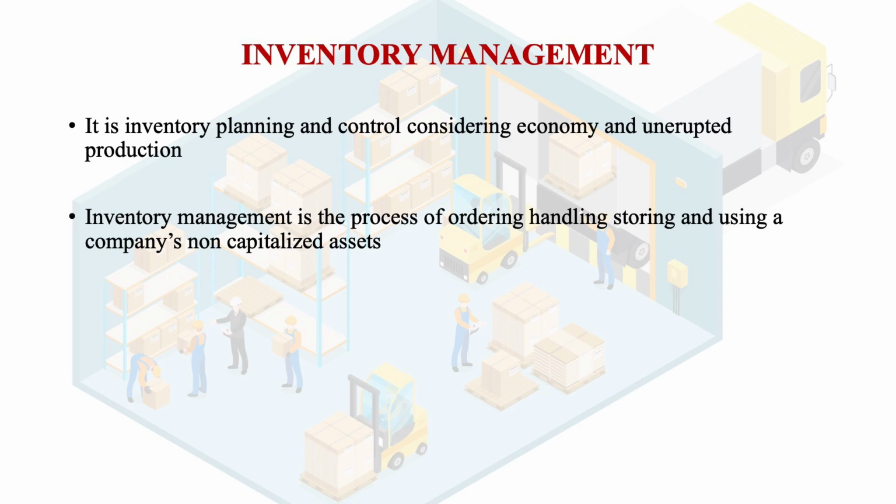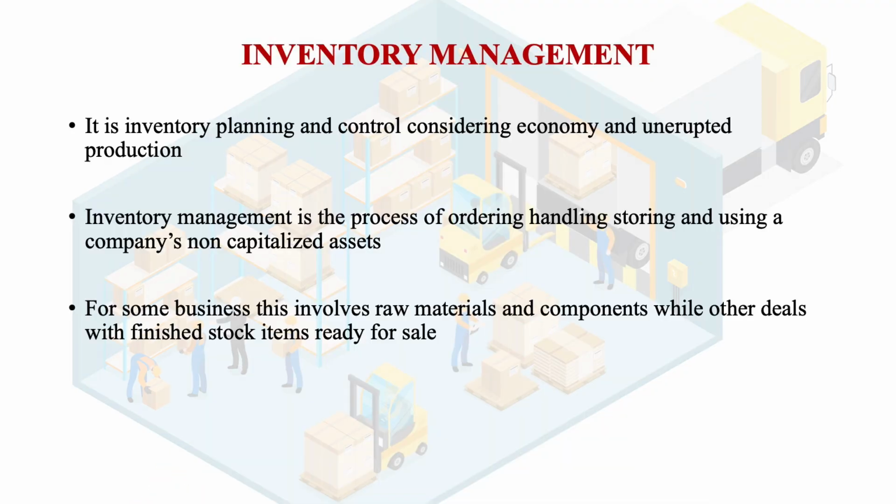The second definition is that inventory management is the process of ordering, handling, storing and using a company's non-capitalized assets. Non-capitalized assets means all the stocks, all the goods available in stock, which is called inventory. So inventory management is the process of ordering, meaning you have to procure the item, handle it and store it, and that is using the company's non-capitalized assets.